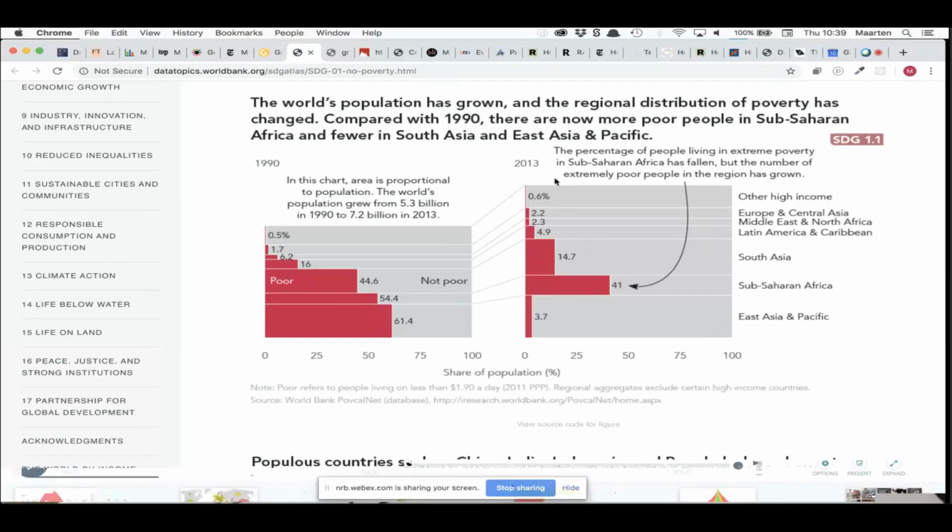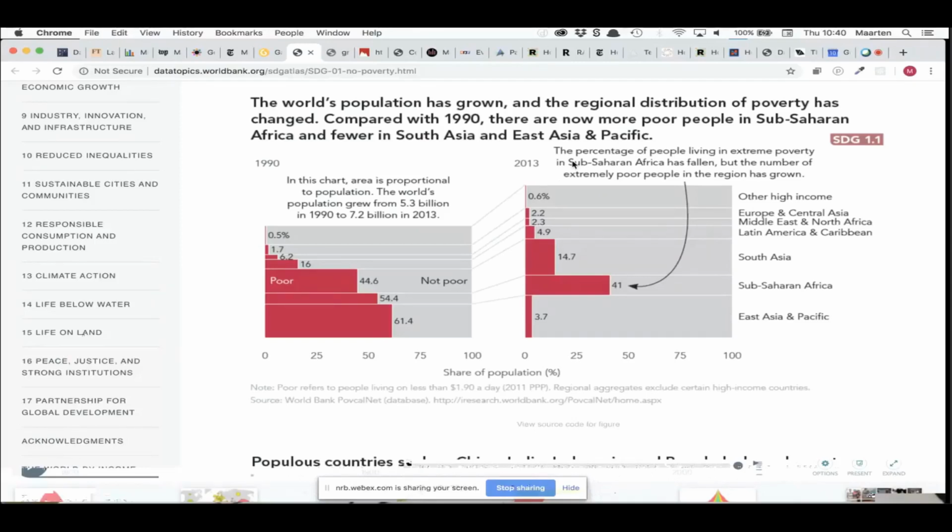This is also explained in the annotation here: the share of poor people went down, but because the population in sub-Saharan Africa grew quite considerably between those two years, the absolute number of people living in poverty is actually higher in 2013 than it was in 1990.